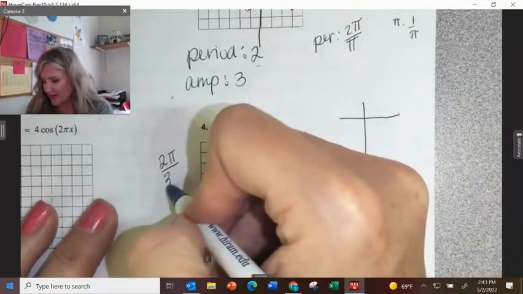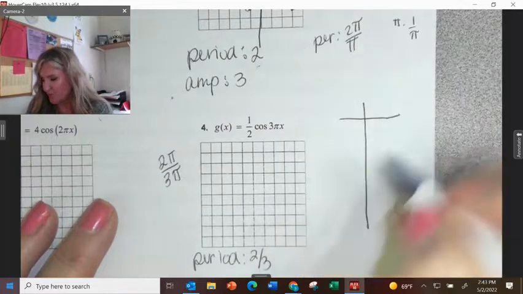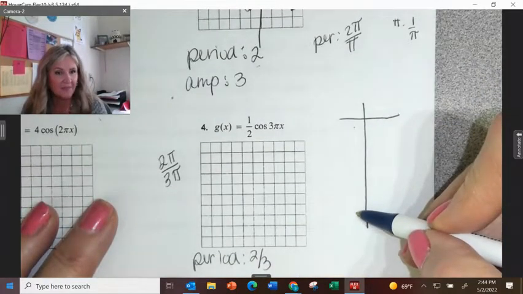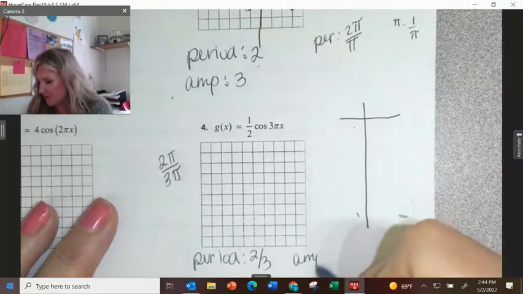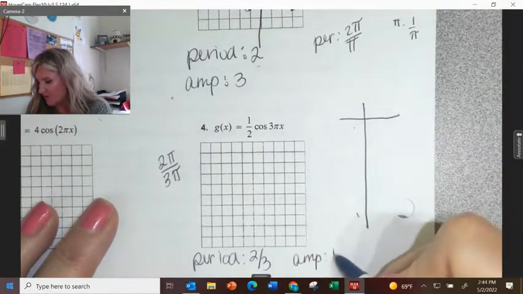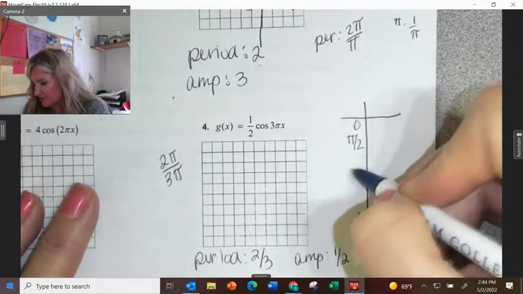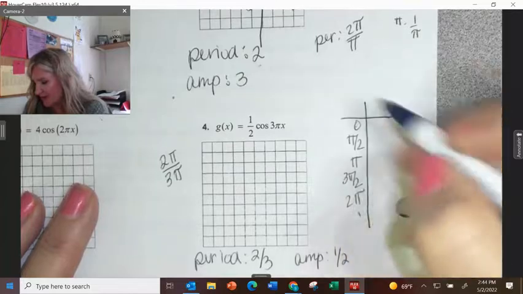So what's 2 pi divided by 3 pi? 2/3. So we should start at 0 and end at 2/3 if we do this correctly. That's what that tells me. The amplitude should be what? 1/2.